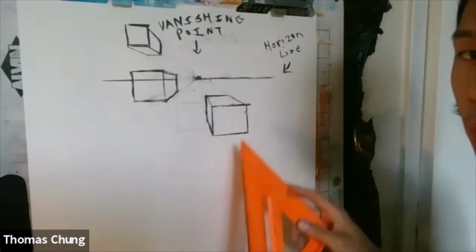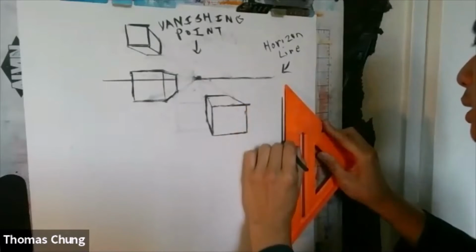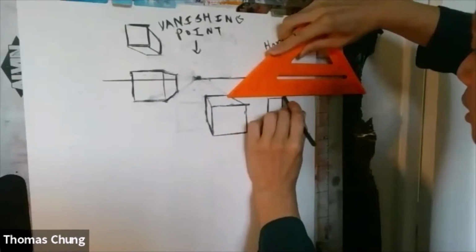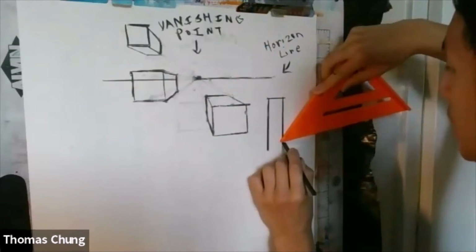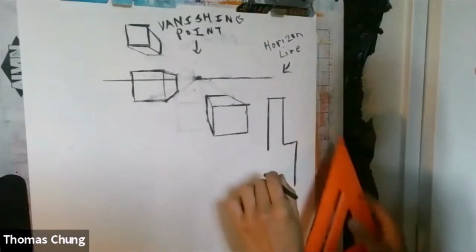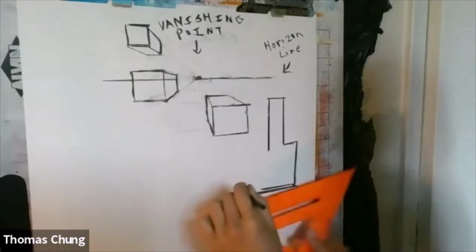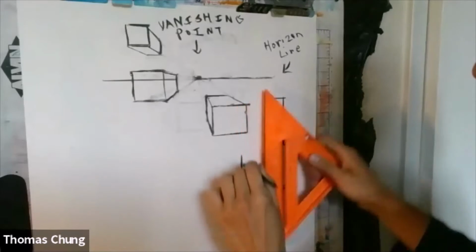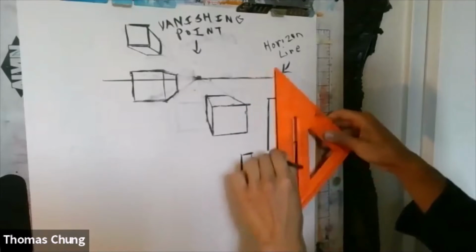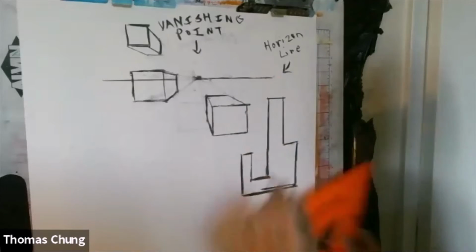So I want to just show you guys lastly that you can create a non-box shape, but one thing to keep in mind is this shape needs to have one side frontally facing you, because in 1-point perspective, you're always seeing the front side of something. That's why the lines are always either perfectly vertical, perfectly horizontal, or aiming towards the vanishing point.